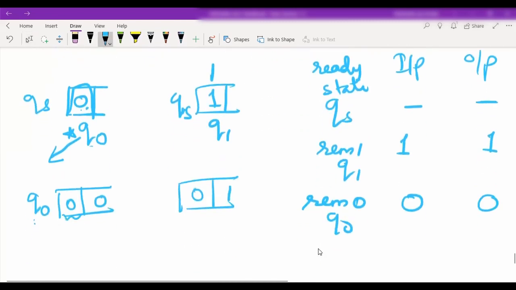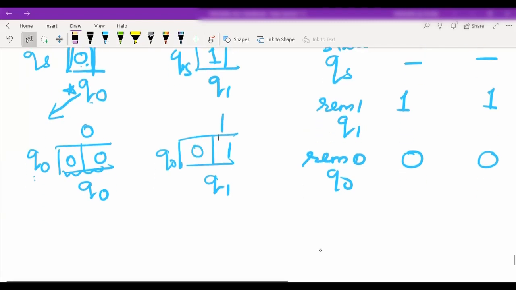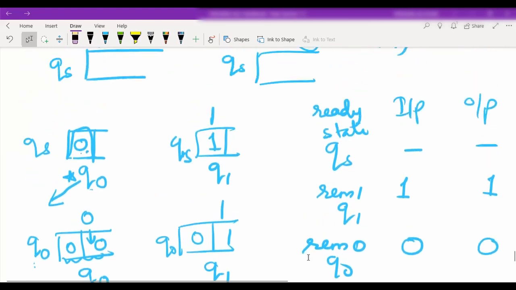Again this is making the number 0. Number 0 is divisible by 2, leading to the Q0 state with the remainder 0, and Q0 with the next bit as 1 goes to state 1, leaving the remainder 1. Here I have considered only one element of set remainder 0.